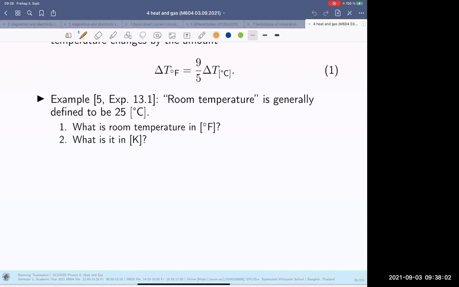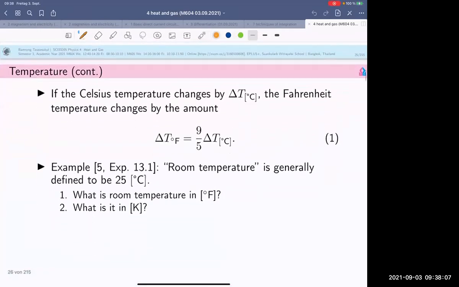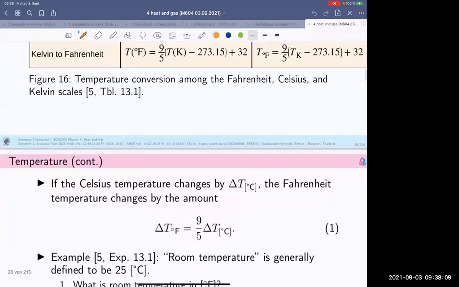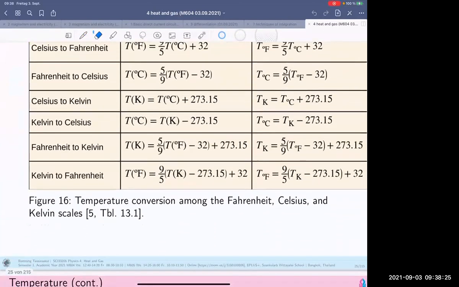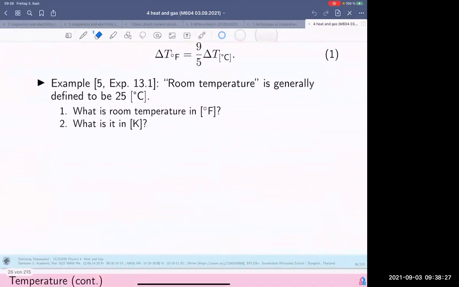The room temperature is 25, right? And we want to convert it to Fahrenheit and to Kelvin. So we have to consider Celsius to Kelvin and Celsius to Fahrenheit.